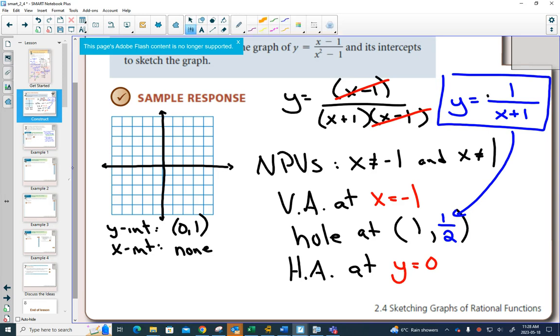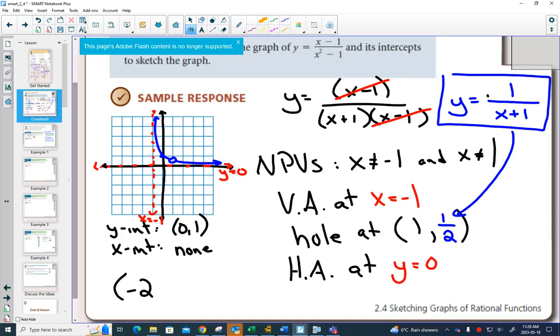We have a horizontal asymptote at y equals 0. A vertical asymptote at x equals -1. Our y-intercept at 0, 1. Our hole at 1, 1/2. And so we have enough in this section to draw this. We have nothing in this section, so we need another point.